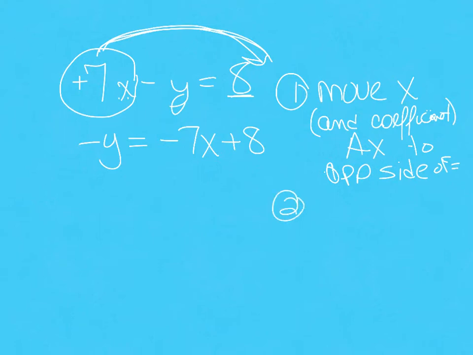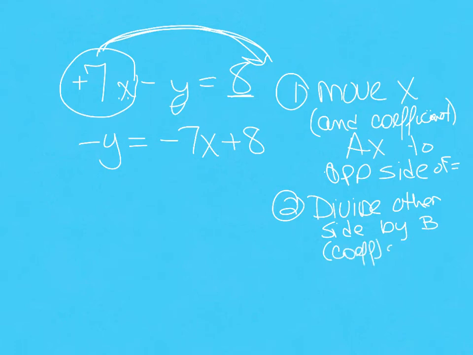Step 2 is to divide the other side by b, the coefficient of y. Okay, and you're doing each term. All right, so here, this was step 1.